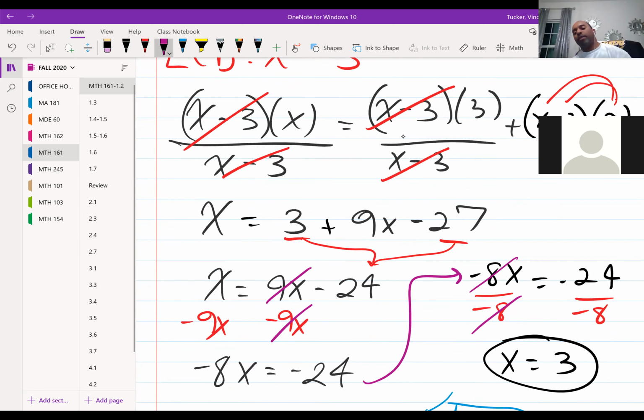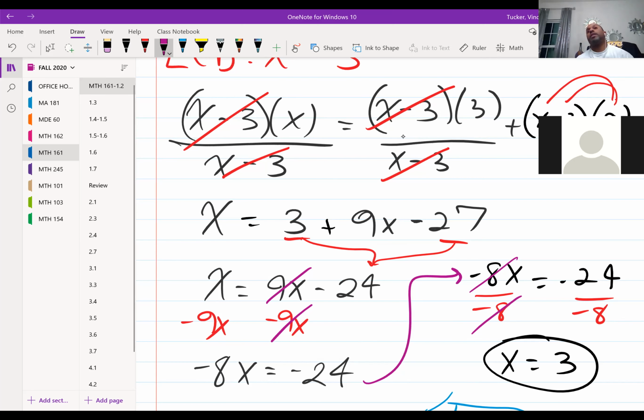Then to finish it off, you divide both sides by negative 8, and our answer would be 3. So we have our solution, x equal to 3.